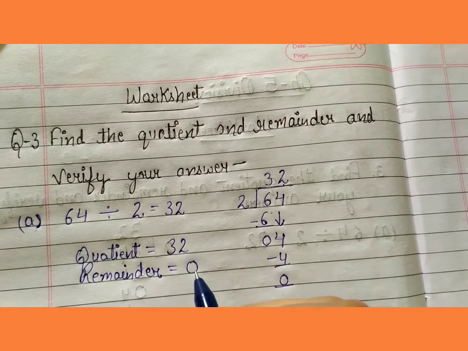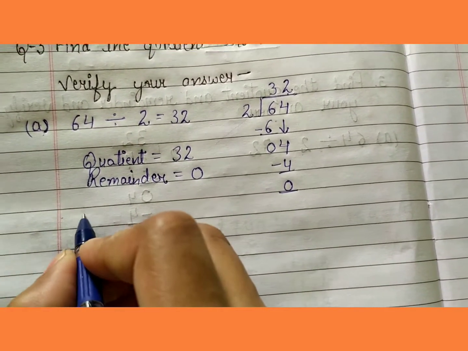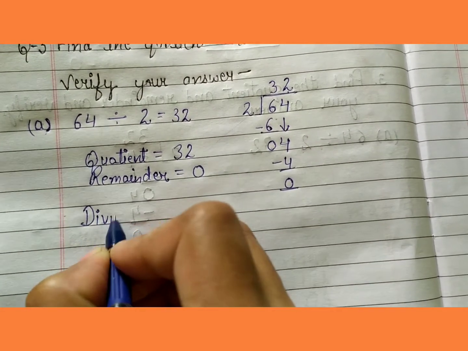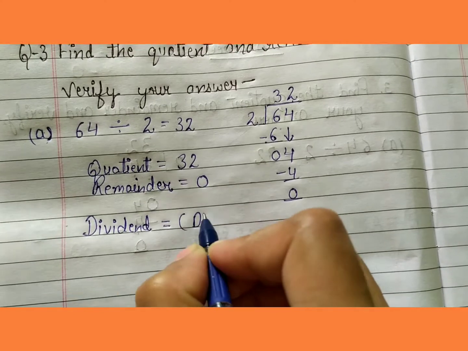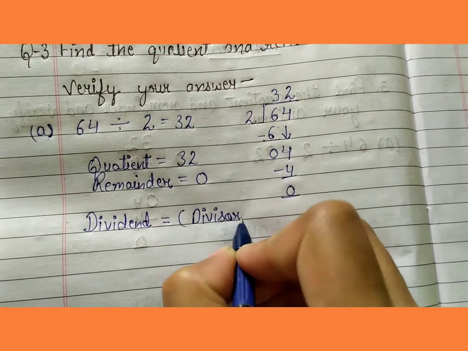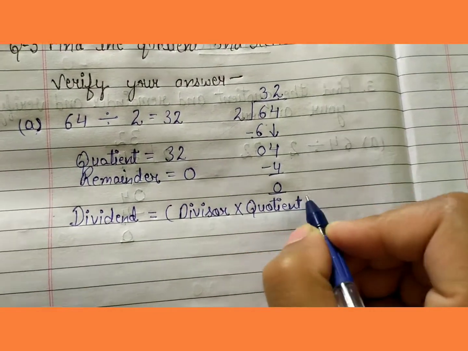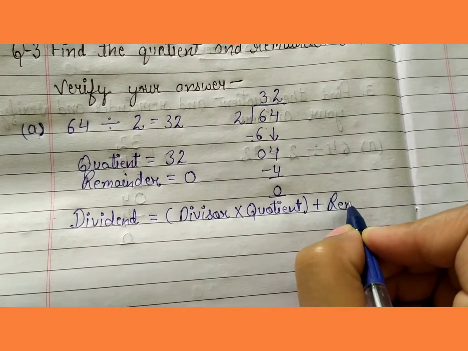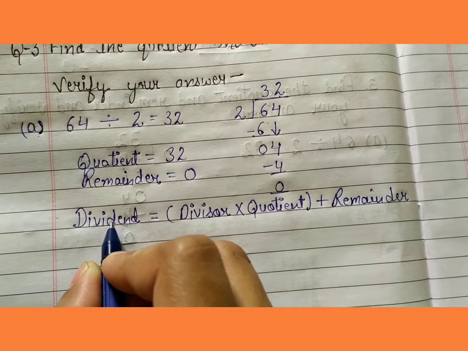Remainder is 0. Now start the verification. The verification formula is dividend equal to divisor multiply quotient add remainder. Dividend is 64.